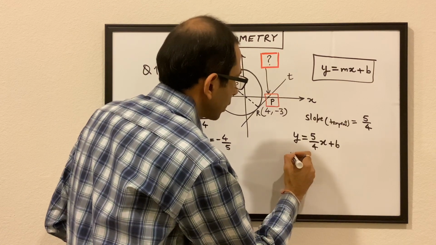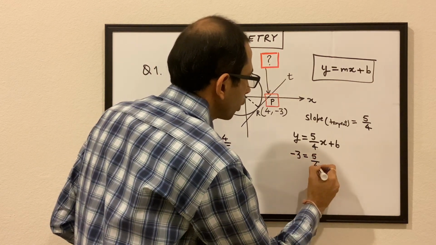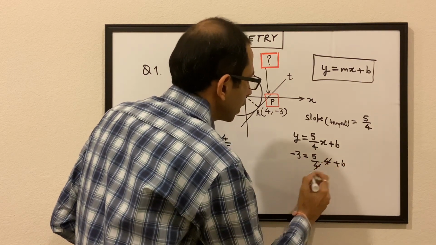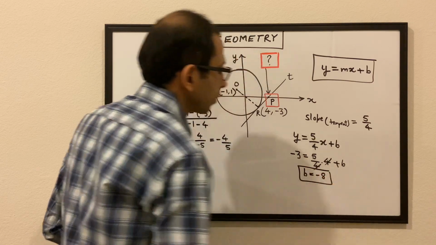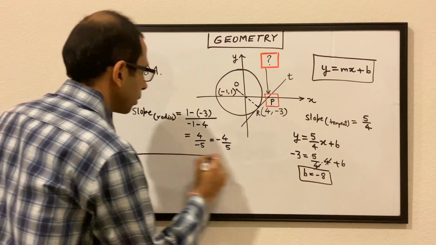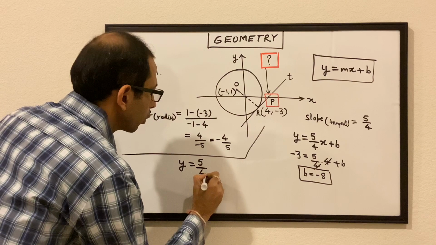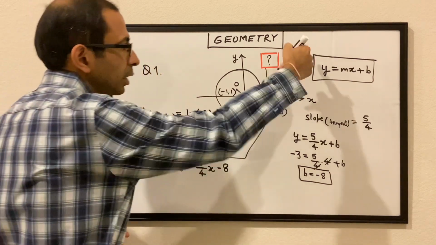So let's do that. So -3 is equal to 5 over 4 times 4 plus b, which gives us b equals -8, right? Hence the equation of our line would become y equals 5 over 4 x minus 8. So this is the equation of our tangent line.